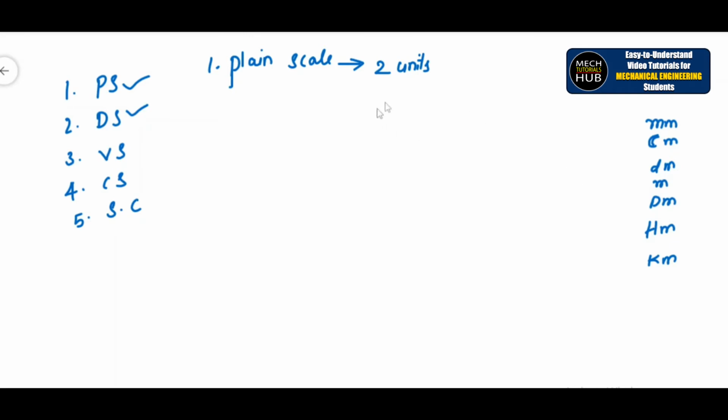As I said, plain scale will read up to 2 units, meaning it may read millimeter and centimeter, or else centimeter and decimeter, or else decimeter and meter. It reads preceding units. But it can't read millimeter and decimeter, it can't read centimeter and kilometer, it can't read centimeter and meter. I'll make a mark here also for your understanding.